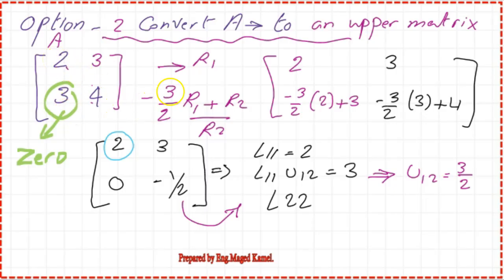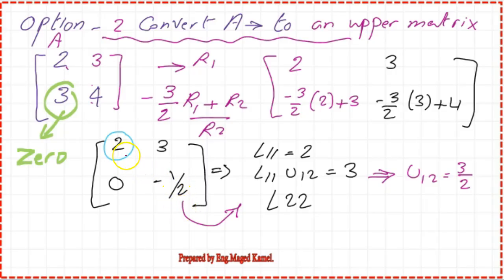So we have minus 3 over 2 R1 plus R2, replacing the value of R2. First row is 2 and 3, which will be the same. For this element, we have minus 3 over 2 multiplied by 2 added to 3, which would give us 0. While for this element, we have minus 3 over 2 multiplied by 3 added to 4. We have 2, 3, 0, minus 1 over 2.